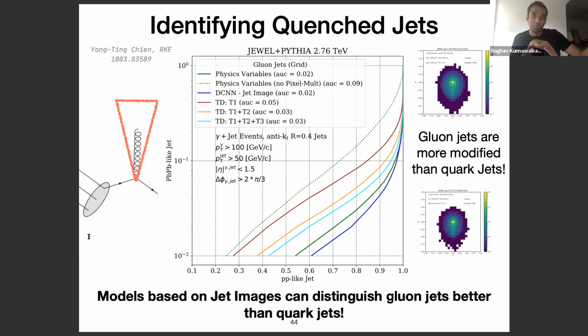In the paper, we also show this for quark jets, and actually it can distinguish quenched quark jets better than the distinction between identifying quark and gluon jets. That gets worse if you include quenching. That's for sure, because your quenched quark jets masquerade as gluon jets.